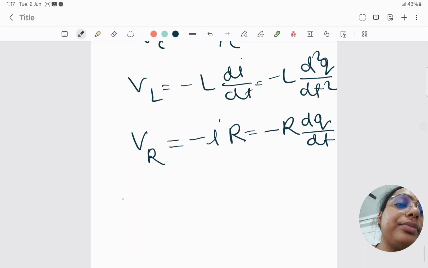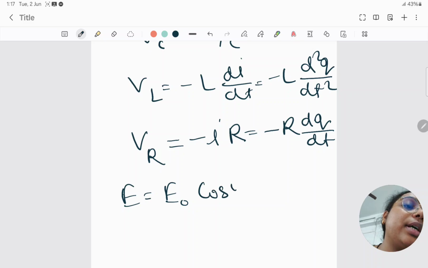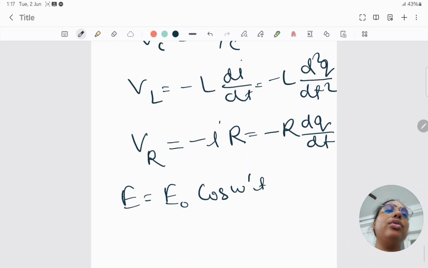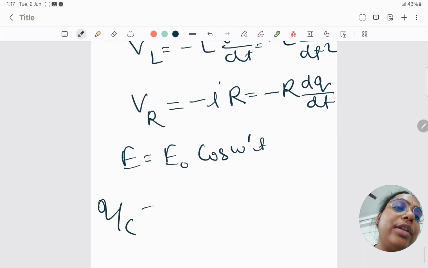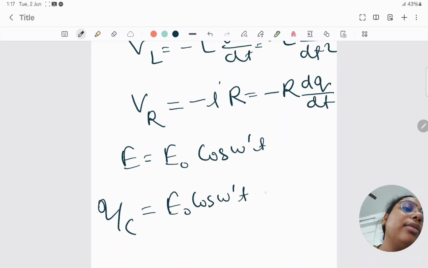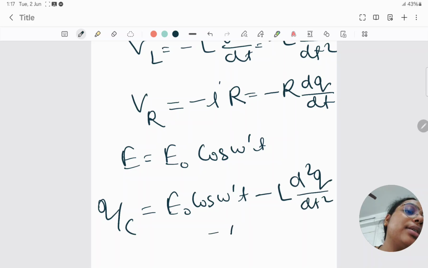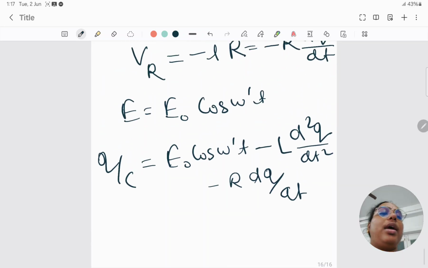So what is the external EMF? E is equal to E naught cos omega dash t. So Q by C will be E naught cos omega dash t minus L d2q by dt square minus R dq by dt, from Kirchhoff's law.